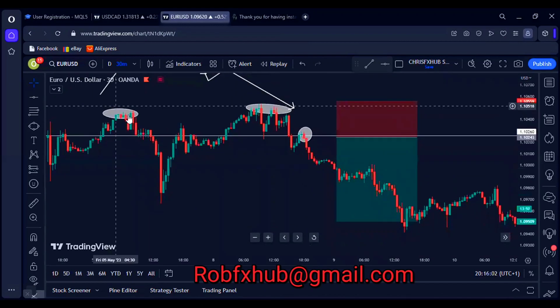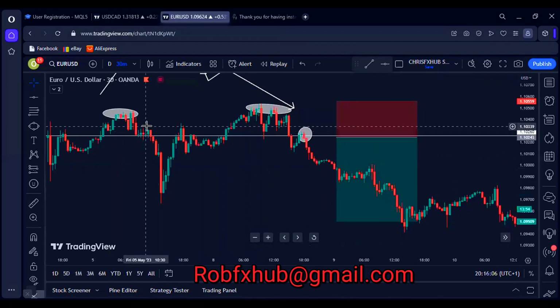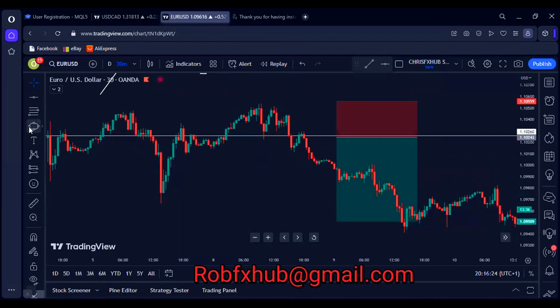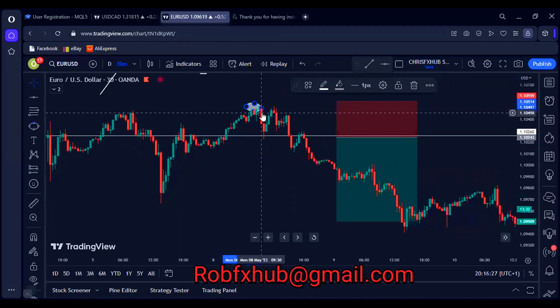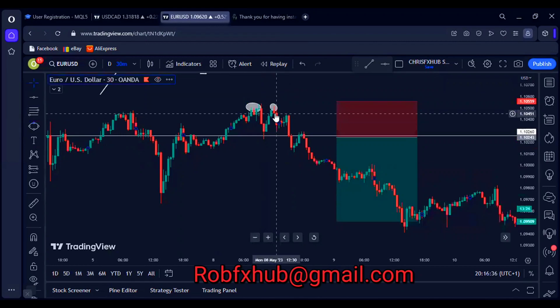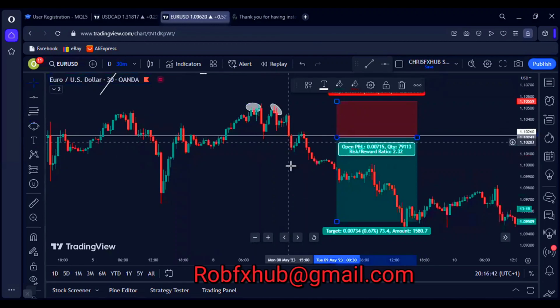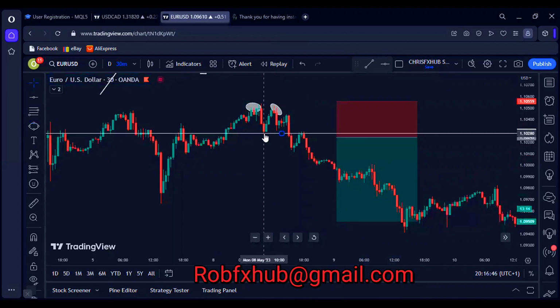Now, can you see it? The same break of structure, retest. You can see it.